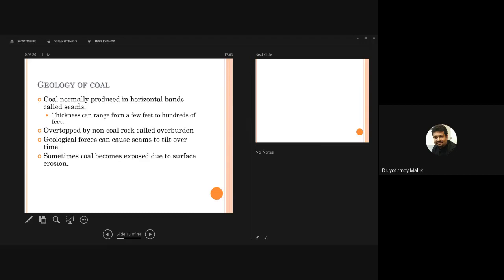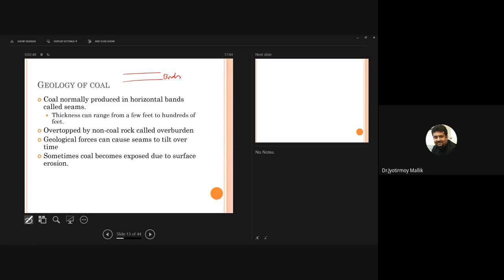So coal normally gets produced in horizontal bands, and they are called seams. Okay, so this is important nomenclature that you should remember. In sedimentary geology, individual rock units are called beds, right?